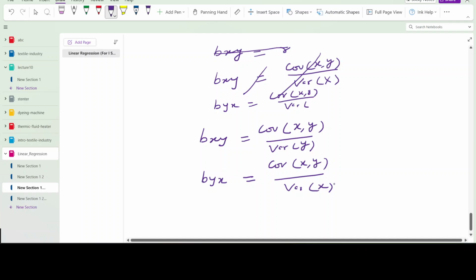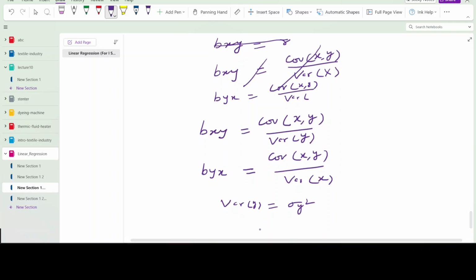As you know, variance x and variance y are both positive quantities, because variance y is equal to sigma y square and variance x is equal to sigma x square. So these two terms are positive.